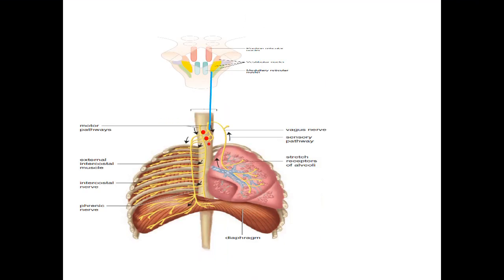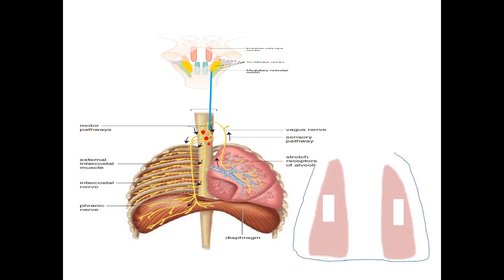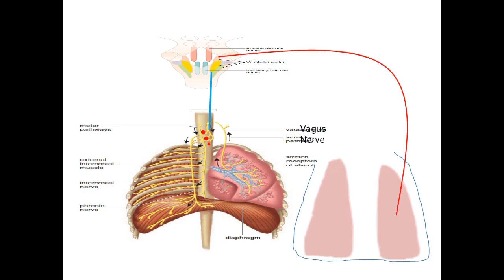This is called the Hering-Breuer inflation reflex. Whenever we are taking inspiration, after a certain expansion, we cannot take inspiration beyond. Why? Because stretch receptors located in the lungs get stimulated.